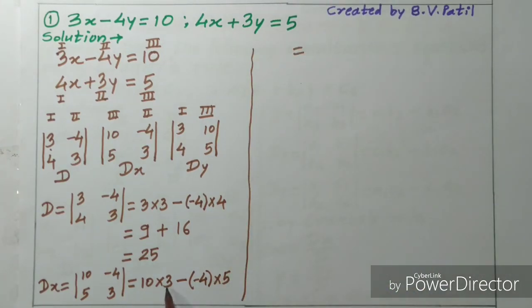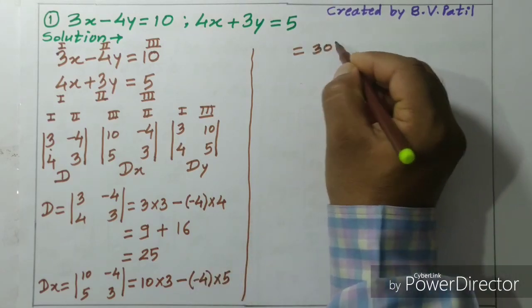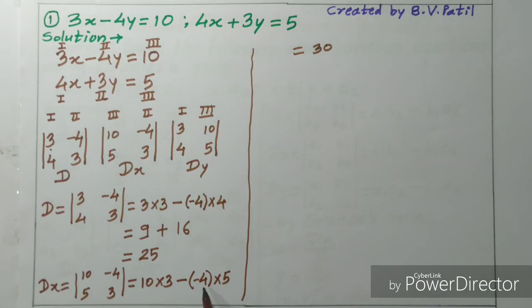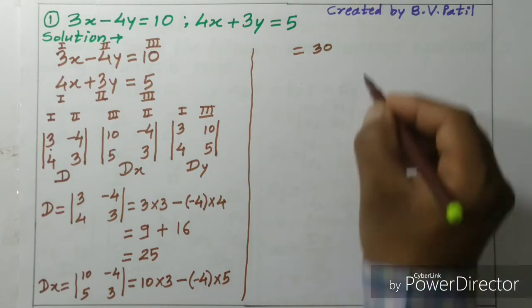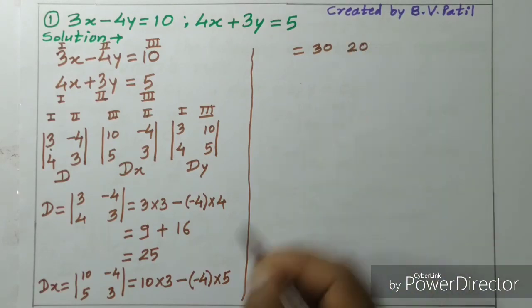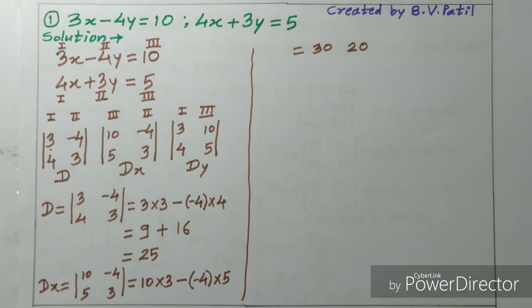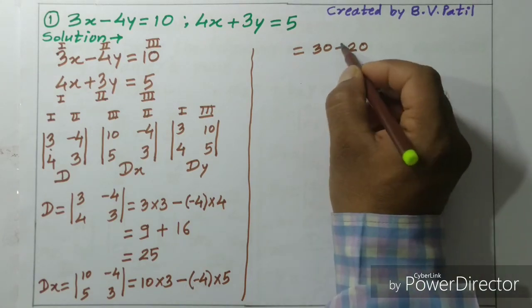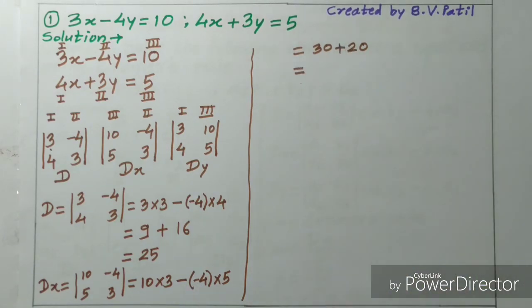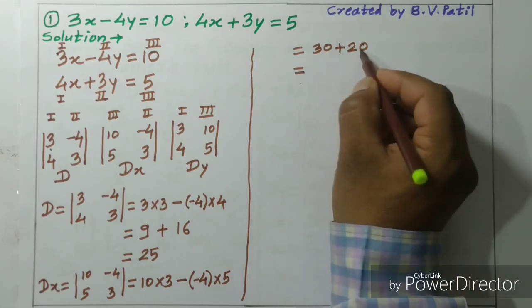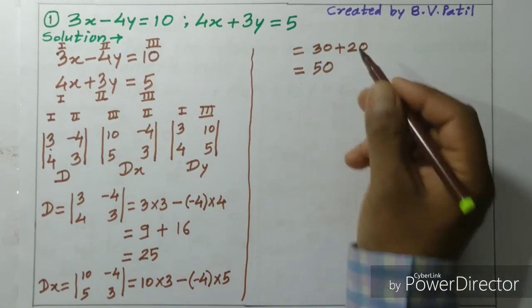Then what do we get? Multiplication. 10 3s are 30. Multiplication, 5 4s are 20. And which sign do we write here? Minus minus plus. What do we get? Addition. Addition we get 50.